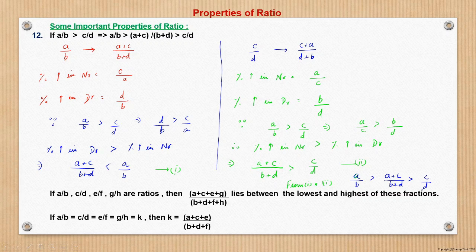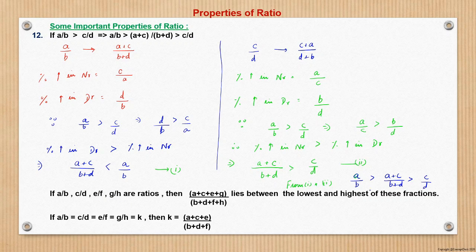So if there are two ratios A by B and C by D, then the ratio formed by the summation of the numerators upon the summation of the denominators will lie somewhere in between, right? So this we proved for two cases of ratio, A by B and C by D. If there are more than two, like A by B, C by D, E by F, G by H, what happens?